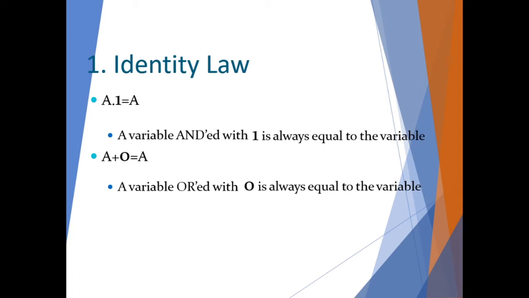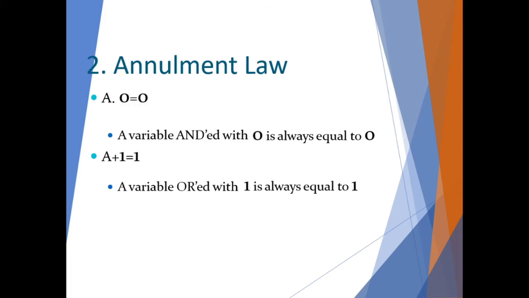Similarly, A plus 0 is equal to A, or A OR 0 is equal to A. That is, a variable ORed with 0 is always equal to the variable. Second one is annulment law. That is, A dot 0 is equal to 0 and A plus 1 is equal to 1.